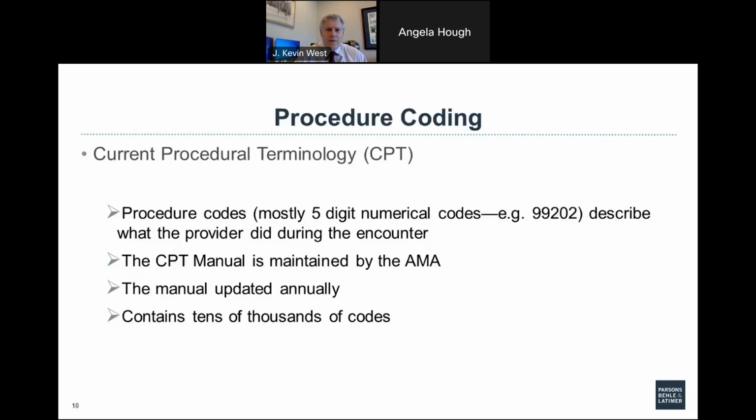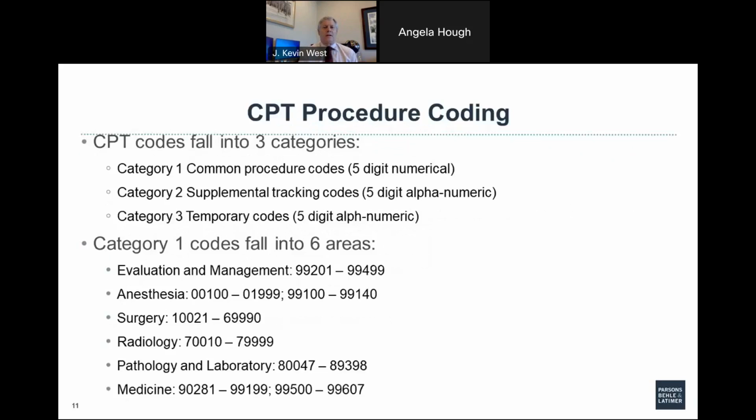So a little bit more about procedure coding. CPT codes are classified or divided into three categories. Category 1, which is really the one that we see most from day to day, are what are known as just the common procedure codes. They are mostly 5-digit numerical codes.